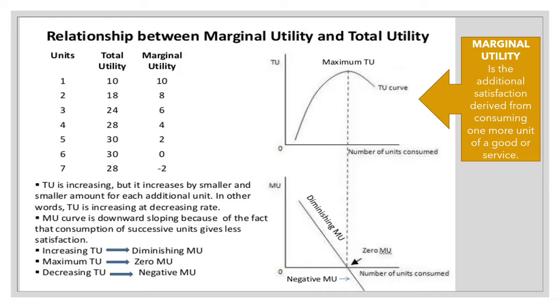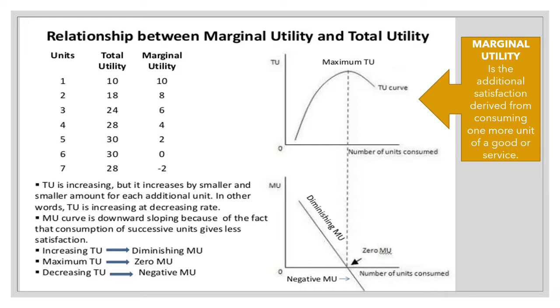When you eat the first slice of pizza, it provides you 10 utils. The second slice of pizza provides you 18 utils. To get the marginal utility, we have to identify the difference of utility after you have consumed the second pizza. So the second pizza provides you 8 marginal utility.